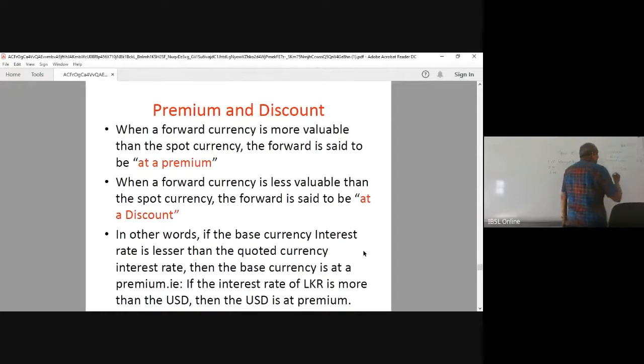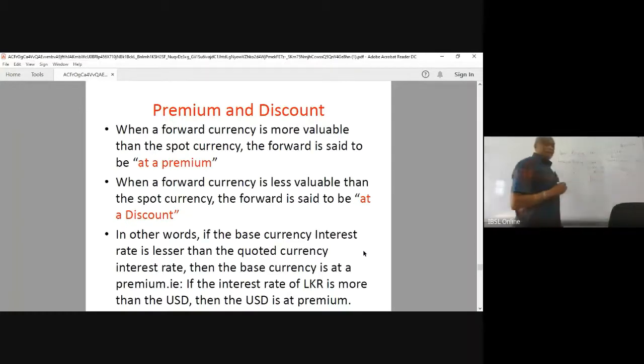Dollar rate අඩුයිනේ. Interest rate of LKR කීයද දෙන්නේ? Savings rate එක දැන් 3.54 ඒ ගන්නනේ දෙන්නේ. Savings make 4%. So just imagine, now the interest rate of base currency is lesser than the quoted currency, then the forward rates are at a premium.